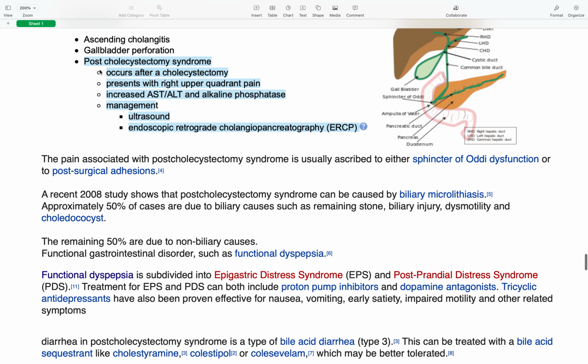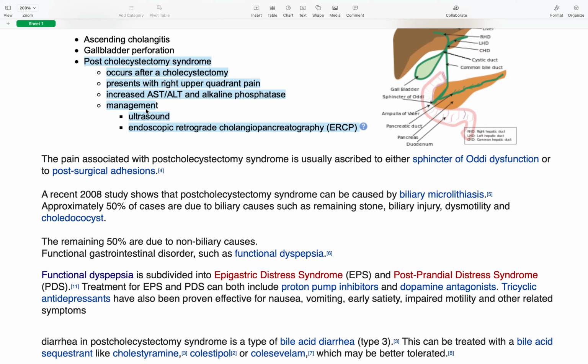So what's post-cholecystectomy syndrome? It occurs after cholecystectomy, presents with right upper quadrant pain, increased AST, ALT, and alkaline phosphatase. So if you have a small stone, for instance, lodged in this common bile duct, you expect ALT and AST along with alkaline phosphatase to increase.